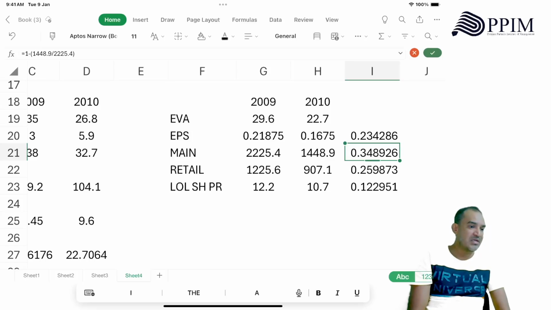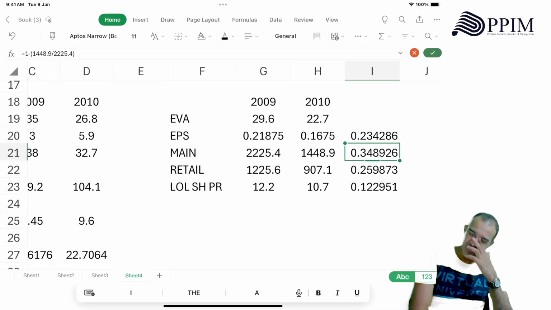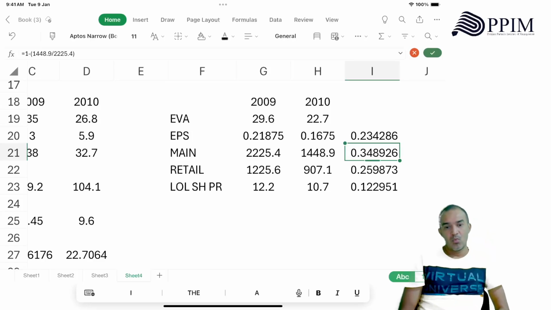The above view is consistent with the positive EVA generated, although EVA has fallen from 2009.